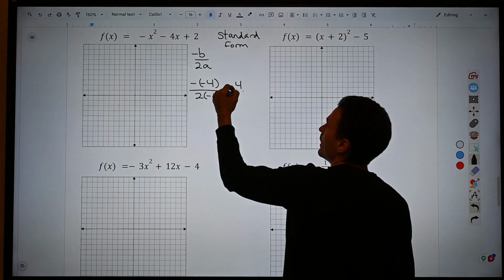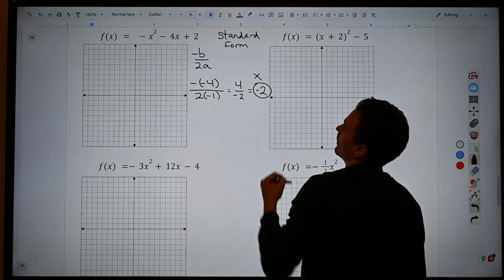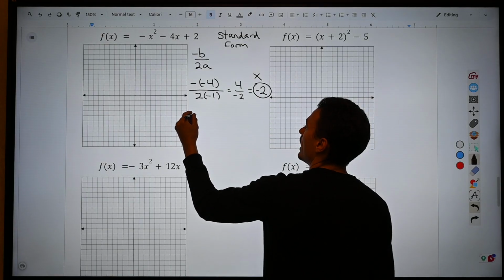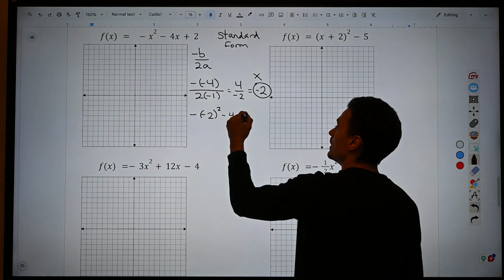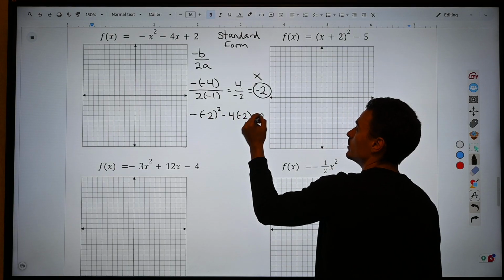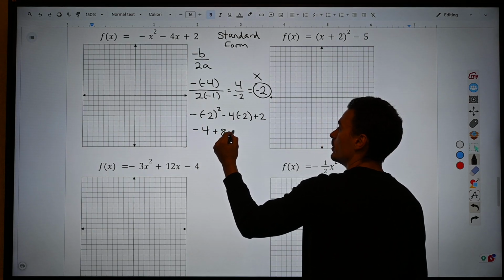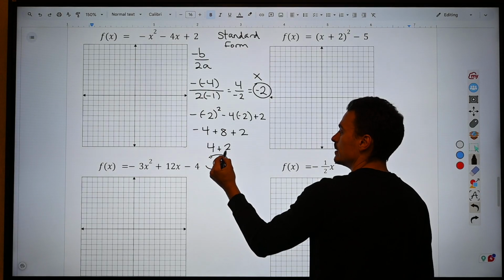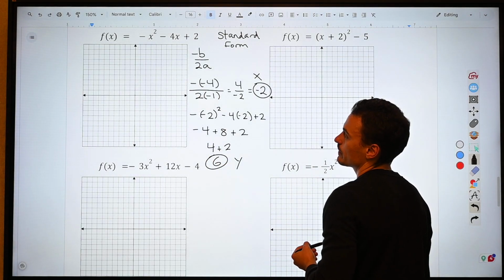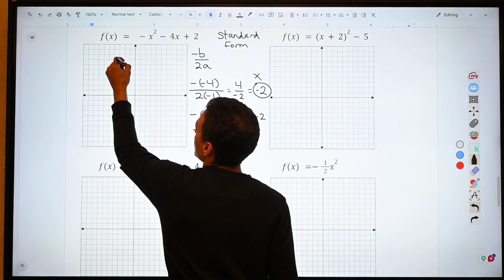This would be 4 over negative 2, which is negative 2. That's my x value. Then I go negative 2 squared minus 4 times negative 2 plus 2, which is negative 4 plus 8 plus 2, which is 4 plus 2, which is 6. That's our y value. So negative 2, 6 is right there.